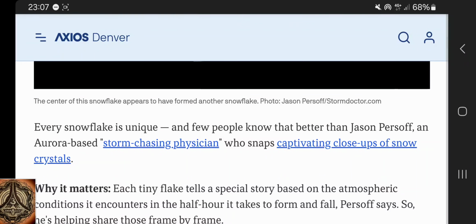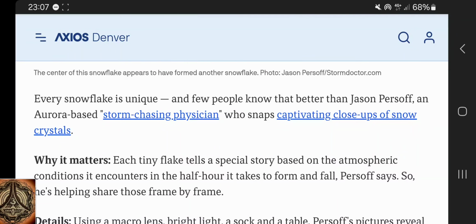Every snowflake is unique, and few people know that better than Jason Persoff, an Aurora-based storm-chasing physician. Yeah, now that's interesting. Anyway, who snaps captivating close-ups of snow crystals?